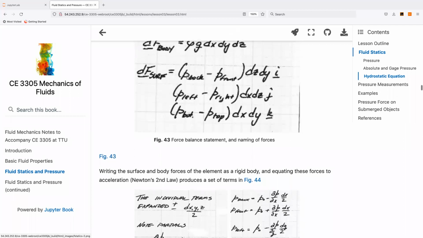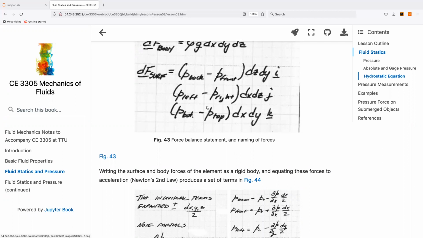So in the X direction, we have the pressure from the back minus the pressure from the front acting on that area, which is dy dz in this case. In the Y direction, pressure on the left minus pressure on the right, acting on dx dz.